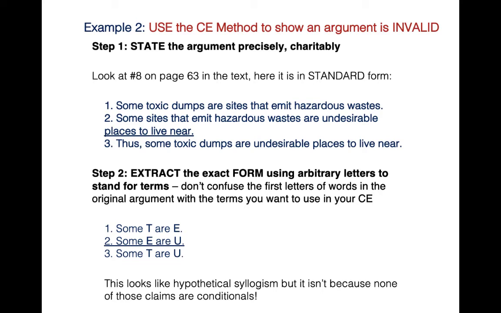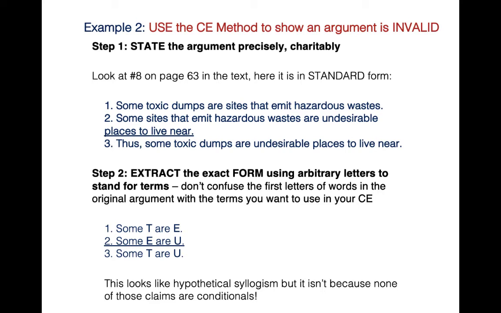I'm wondering whether this argument is valid, and so I wonder whether the conclusion could be false and all the assumptions are true. So let's see if we can extract the pattern with a false conclusion. Let's presume some toxic dumps are undesirable places to live near is false. What would it look like if that was false, but all the reasons given were true? Some T are E, some E are U, therefore some T are U.